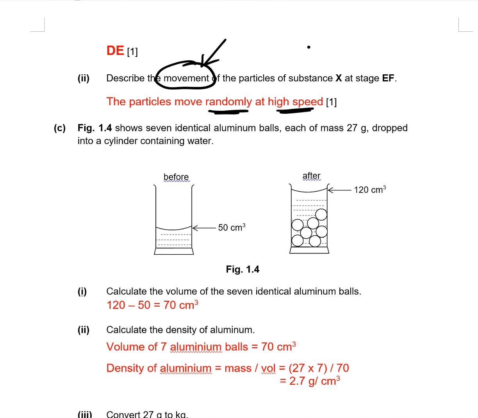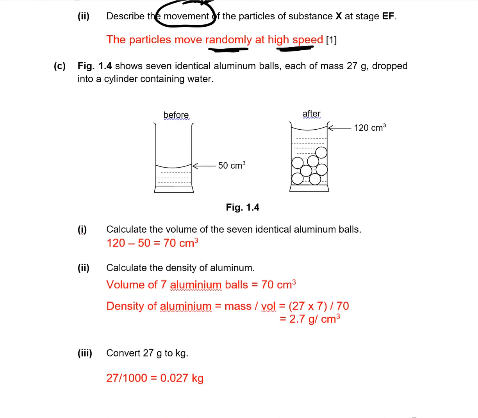And the next question is a calculation for density. And so the volume, the trick here is they say there are 7 identical aluminum balls. So in this case, after you put in 7, this is a new volume. So you subtract to get the density.